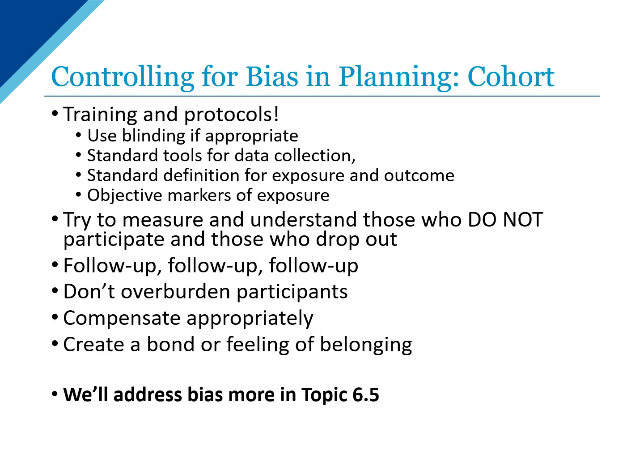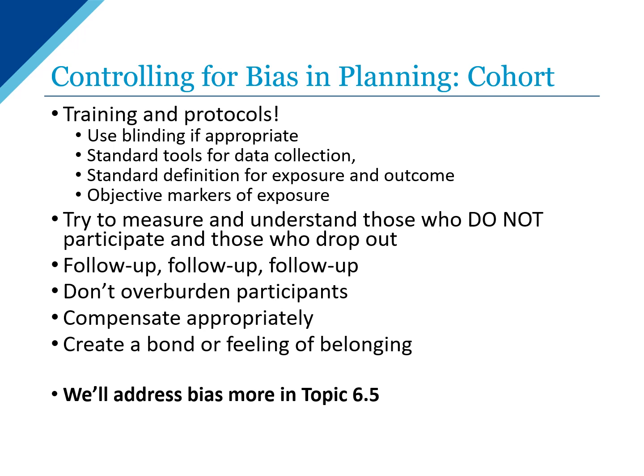One of the most important ways to reduce bias in planning and implementing a cohort study, and really any study, is by establishing written, step-by-step protocols and training all study staff to understand and follow those protocols in every situation.